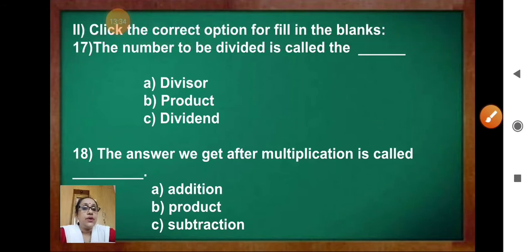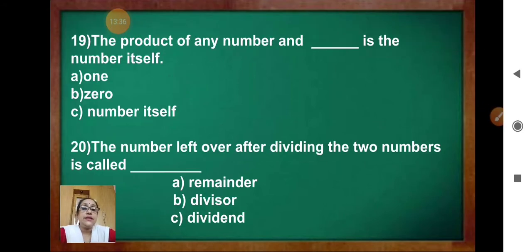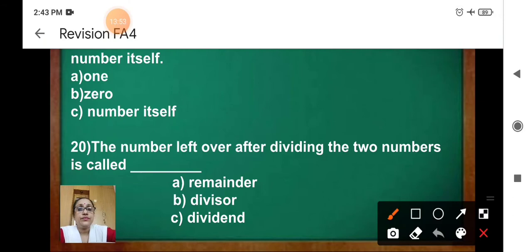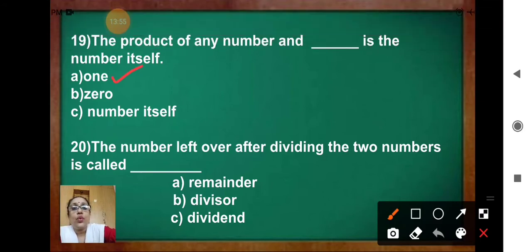Now, question 19. The product of any number and dash is the number itself. Options are 1, 0, number itself. So the correct answer is 1.